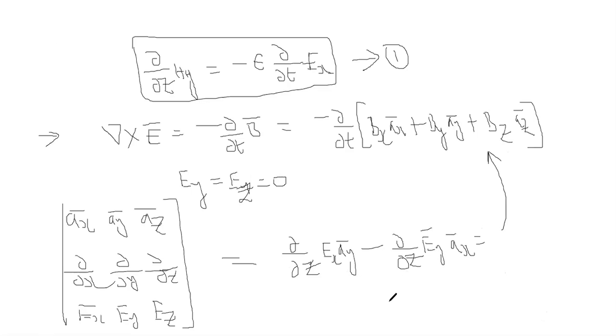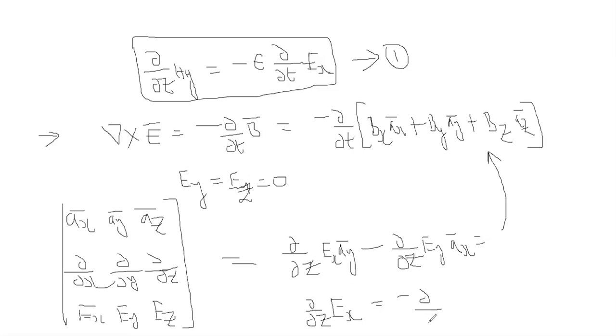So with respect to z terms only we have remaining, and with respect to x and y, both are zeros. And here Ey and Ex, since the electric field is in the x direction, the y and z components become 0. So the second term is 0. So dou by dou z of Ex and Ay bar only. What is the Ay bar coefficient here? Minus dou by dou t of By.